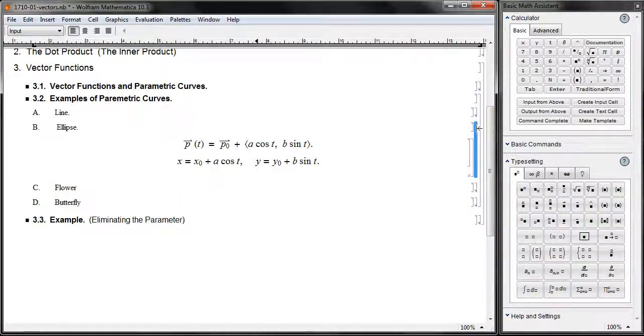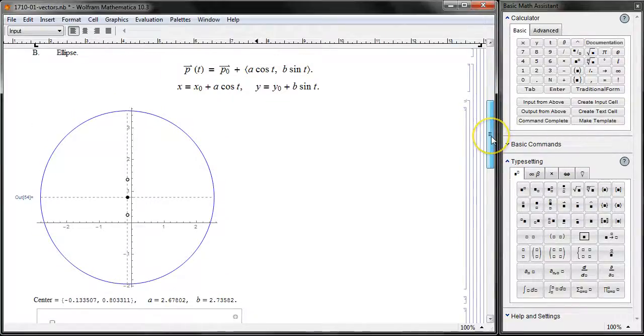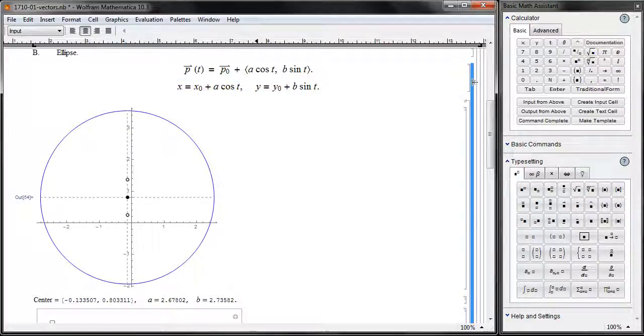Next example, an ellipse. A cosine of theta, b sine of theta, where a and b are different, and then we are going to end up with an ellipse where a is the radius in the horizontal direction and b is the radius in the vertical direction.